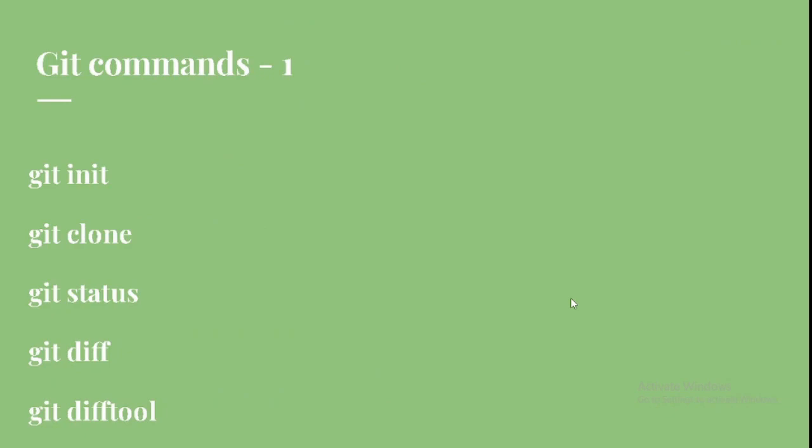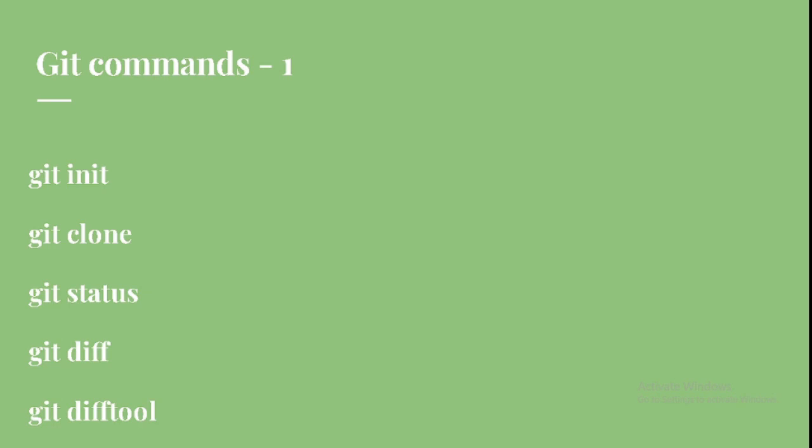Then we have some git commands. As I told you, git init is to initialize the git local repository. Git clone is used to clone the remote repository to the local system. Git status will tell us the status of the pages or repositories, whether there are modified pages or not.